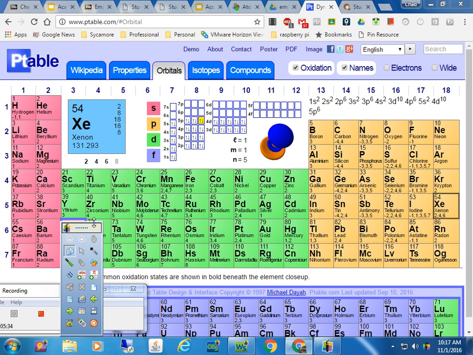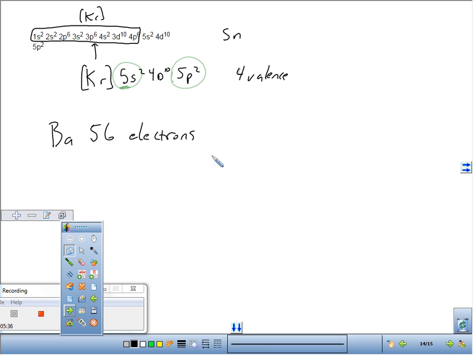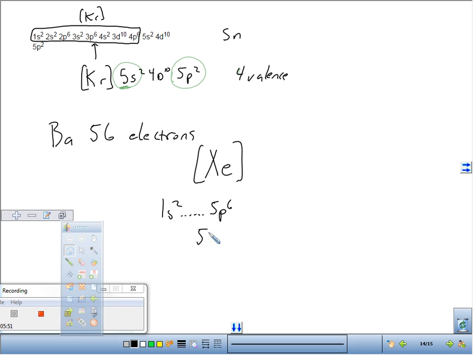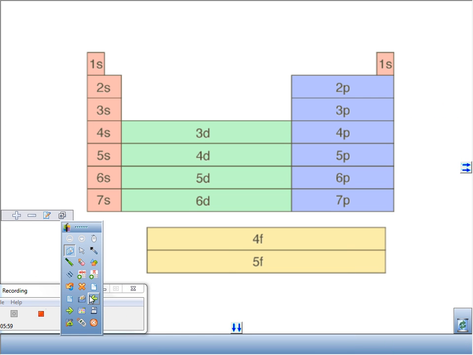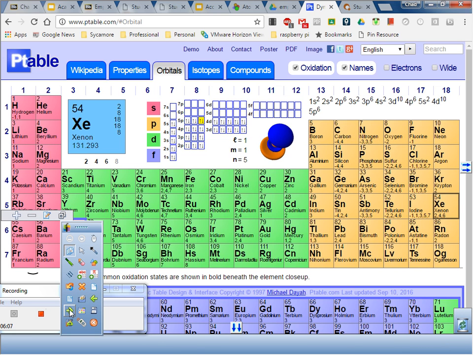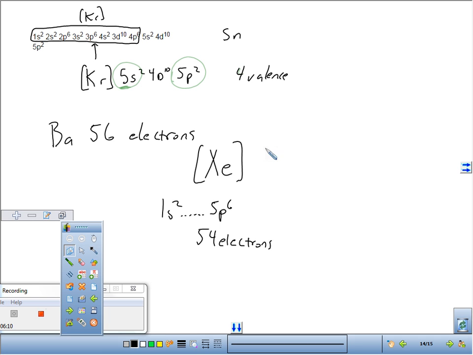So I'm going to say xenon core, which is all from 1s2 all the way up to 5p6, the first 54 electrons. Now, where are we at? We're at 56. After 5p6 comes 6s2, that's where barium's going to end. So I would say 6s2. That's it for barium.